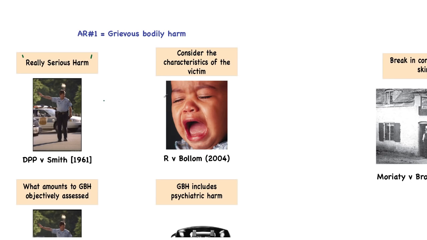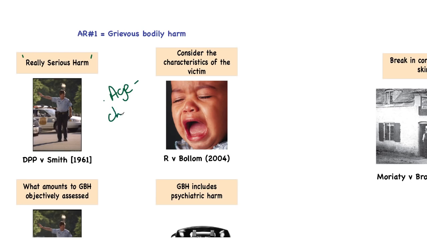The appeal judge says that the original trial judge was absolutely right. You need to take into account the characteristics of the victim when deciding whether or not harm is really serious. Now, what do they mean by that? Predominantly, they mean age.